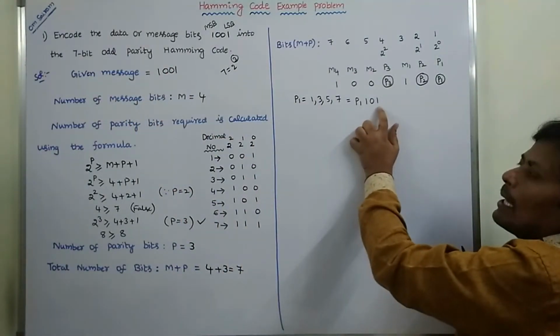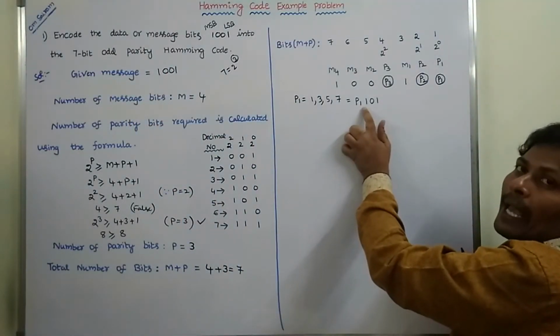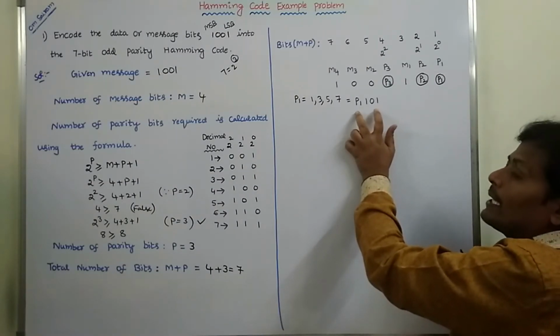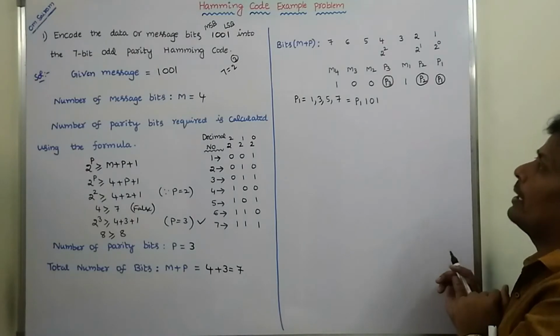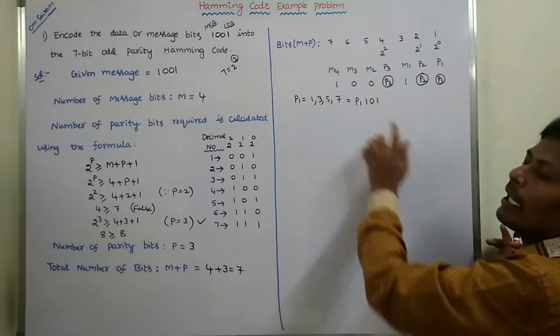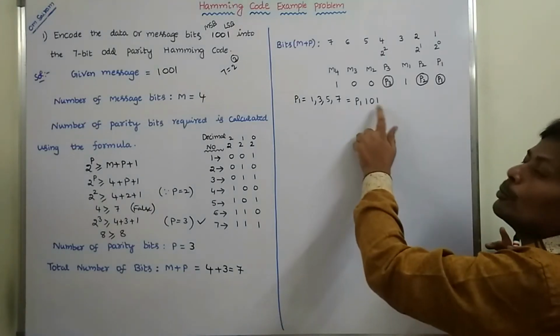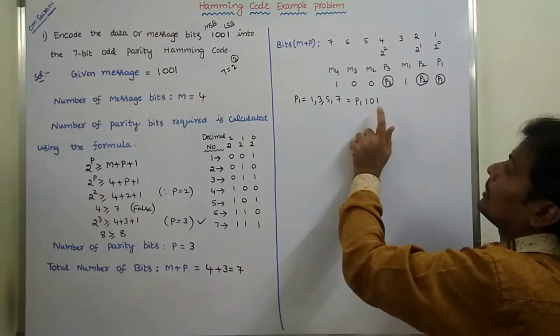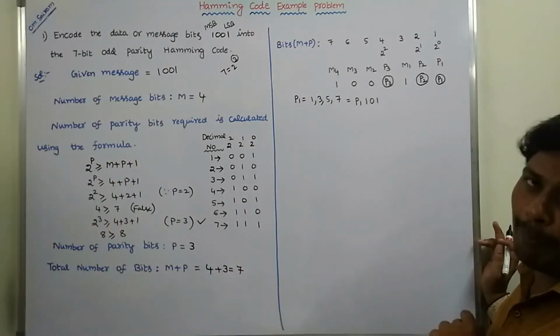Now we have to send the given message with the parity bits with odd parity. Here, these are the message bits and this is the parity bit. We have to send this total message with odd parity. Without considering P1, how many ones are there? There are 2 ones. Total number of ones is equal to 2, then it becomes even parity.